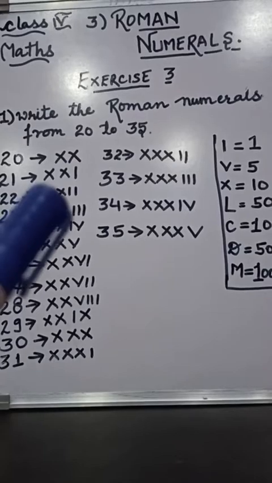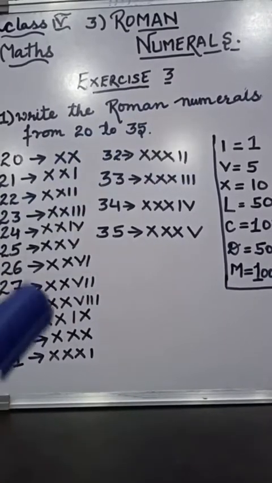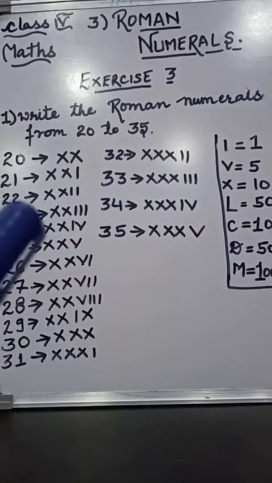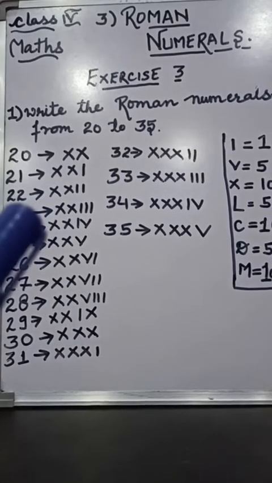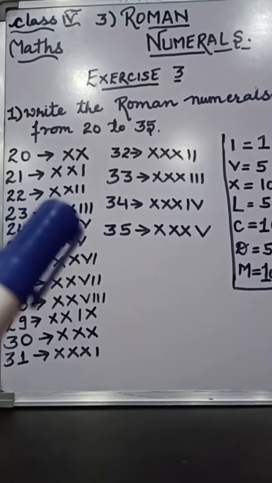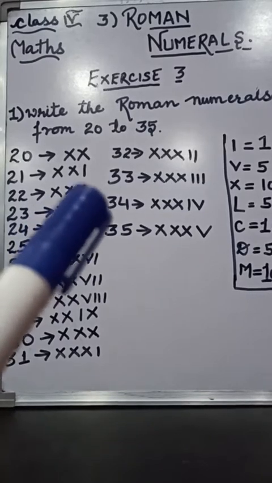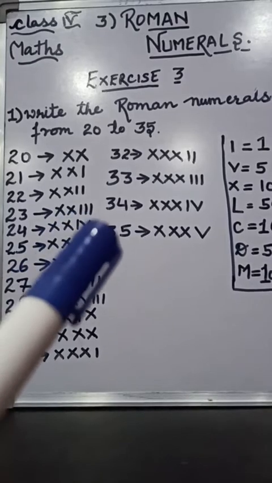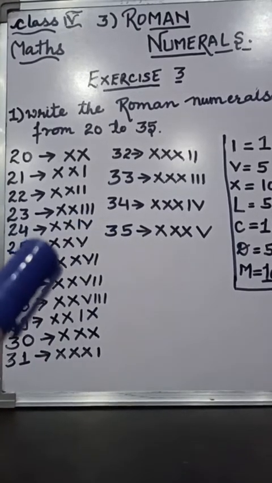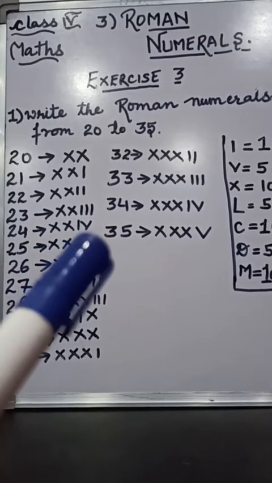Now 21, so XX and I, and the value of I is 1, so XXI means 21. On the same pattern, 22, XXII. Now 23, XXIII. Okay, 24, XX and IV.